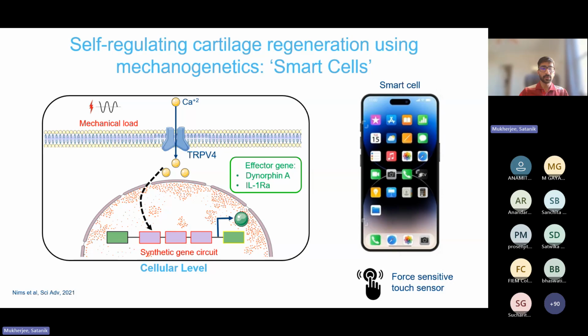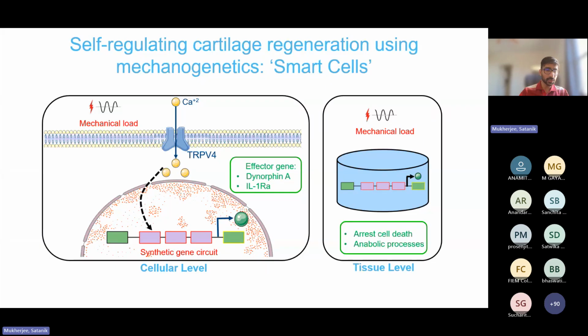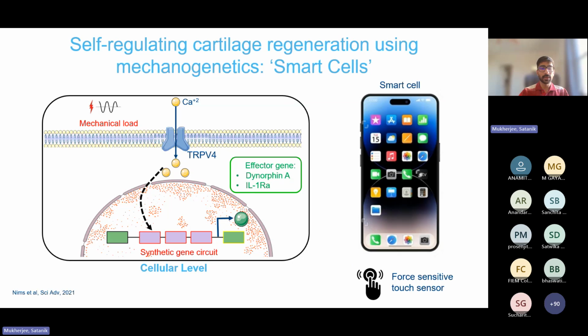What we are effectively trying to do is use synthetic biology techniques to create synthetic gene circuits inside these cells so that when the cell senses a mechanical load through one of its mechanosensors, it triggers the synthetic gene circuits to produce a drug of interest. This is an autonomous system, just like your smartphone that senses your touch and then you can do all the different things with it. So the smart cells form an autonomous system that responds to mechanical stimuli and creates its own drug.